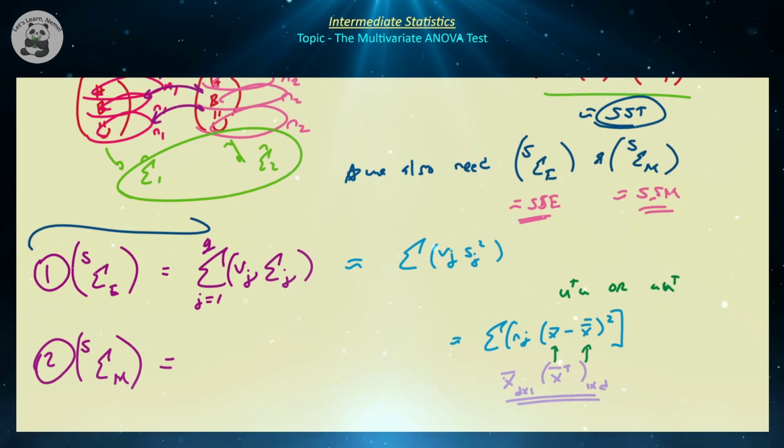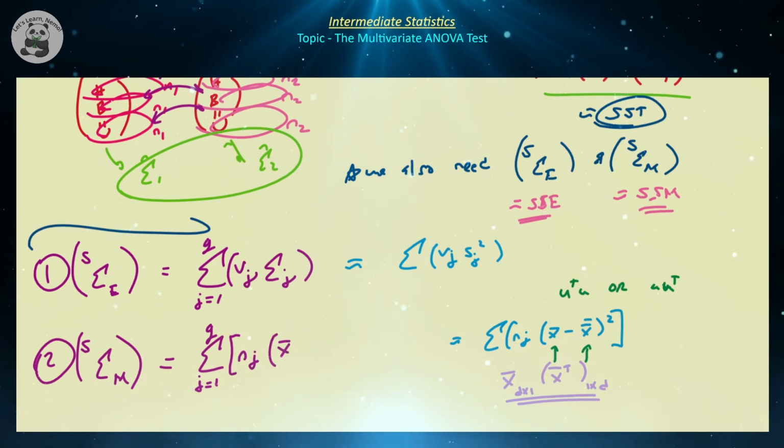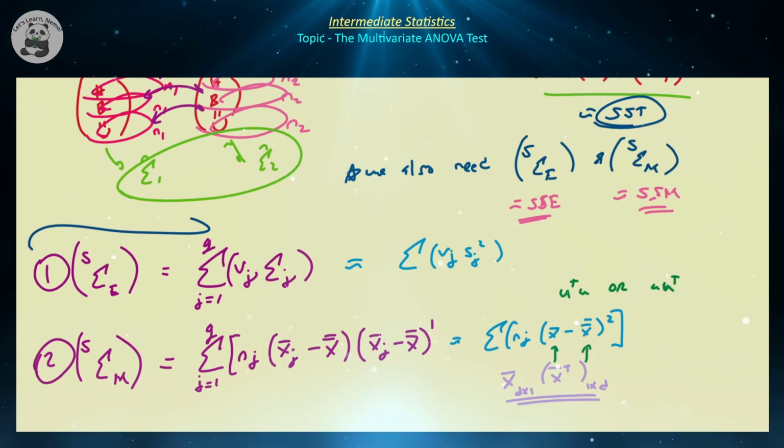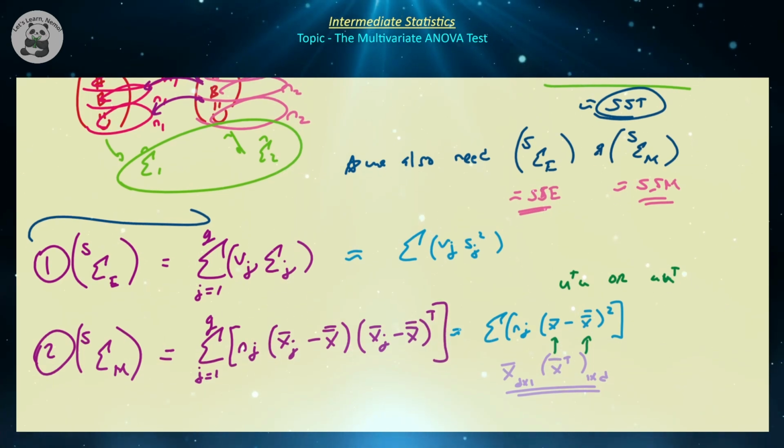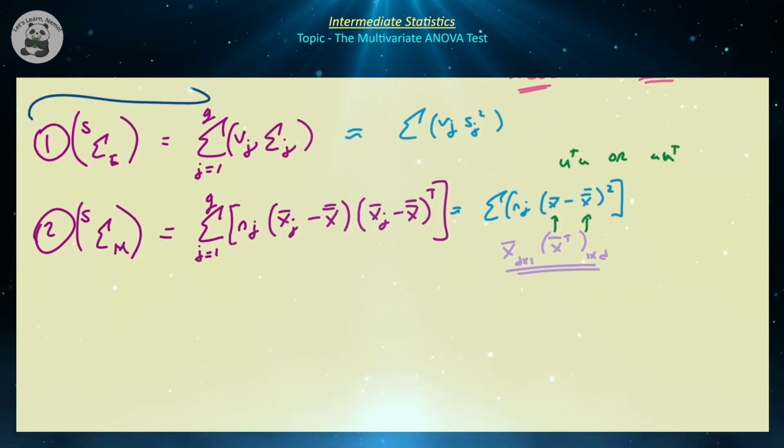So following that strategy, what we're going to do is we're going to sum, again, from j equal to 1 to g of nj, and then we're going to do our x bar vector for group j minus x bar bar, and then we're going to multiply that by x bar j minus x bar bar transpose. Okay, so that's going to be our S sigma M matrix.